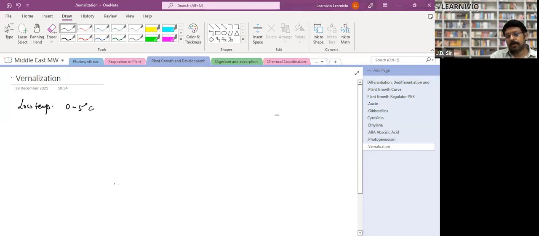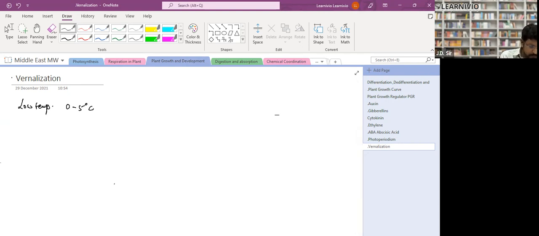If before sowing, we treat the seed at low temperature, 0 to 5 degrees centigrade, they will flower in 2 or 3 months. By this way we can reduce their flowering time period. This low temperature treatment of the seed is called vernalization.